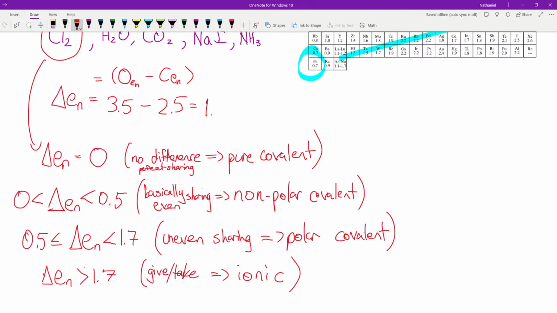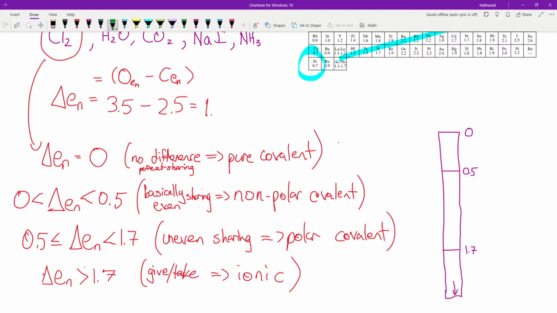Okay? So we're going to kind of like put this on a scale. It is the difference between them, right? So between 0 and 0.5, and then 1.7 and beyond, right?